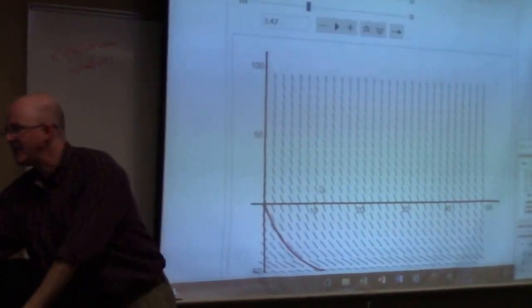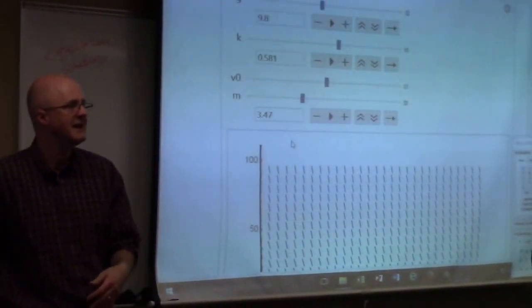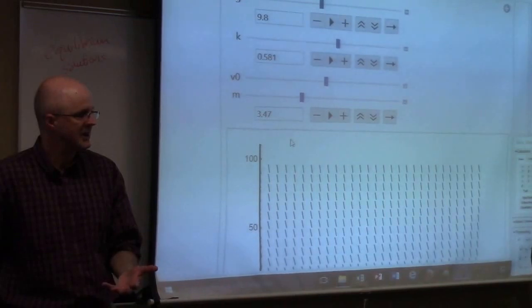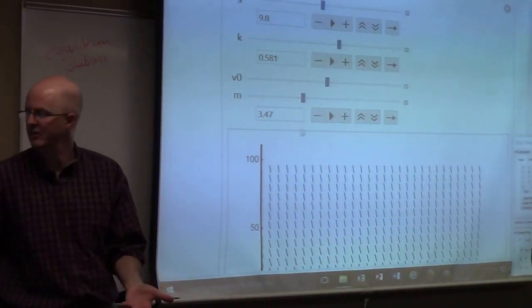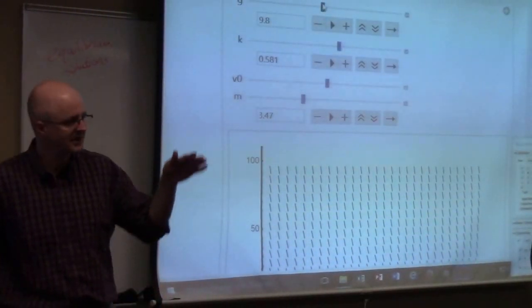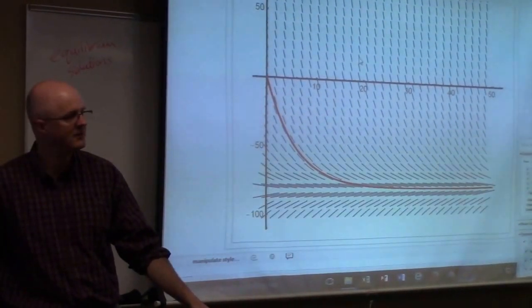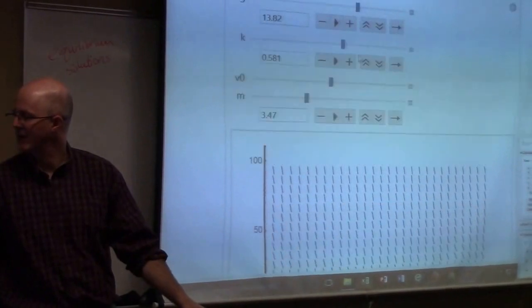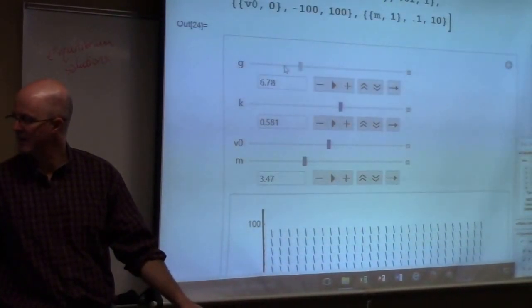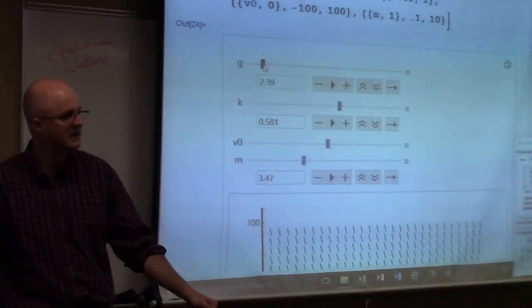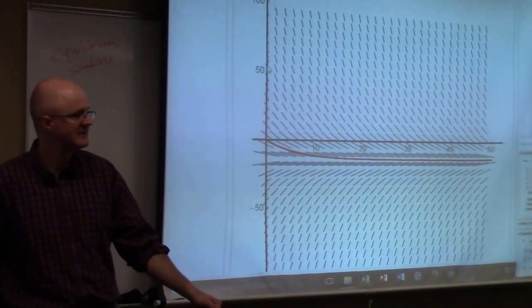If I change g, I change the terminal velocity. If I increase g, that's a stronger gravitational field. Terminal velocity should become more negative, should go down. Yep, it went down. If I decrease g, like on the moon or Mars, it's a smaller g, then the terminal velocity is not as negative.